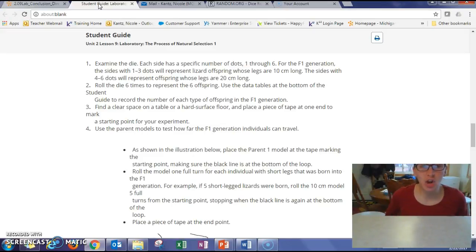It says, as shown in the illustration below, place the parent 1 model on the tape marking. So parent 1 is my short leg guy. Make sure the black line is at the bottom of the loop. So I'm going to set that right there at my tape. And roll the model 1 full turn for each individual with short legs that was born into the F1 generation.